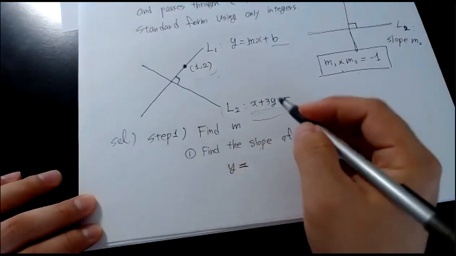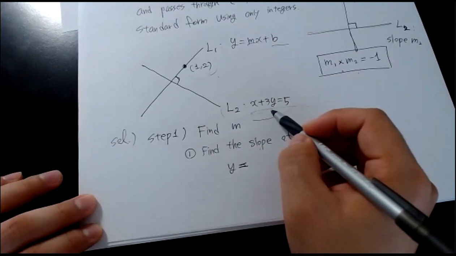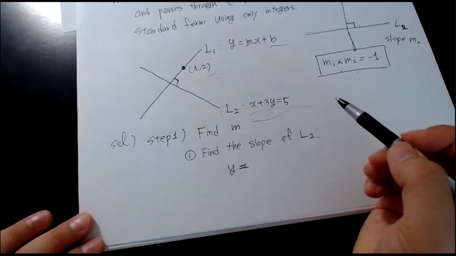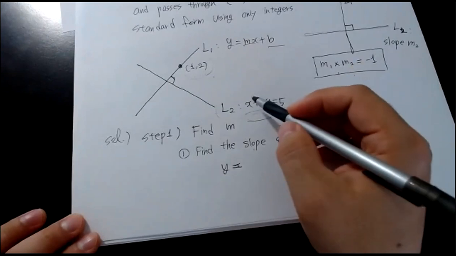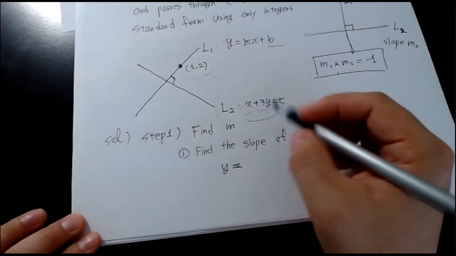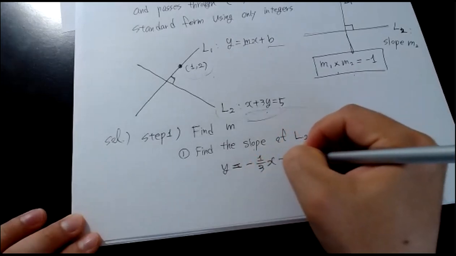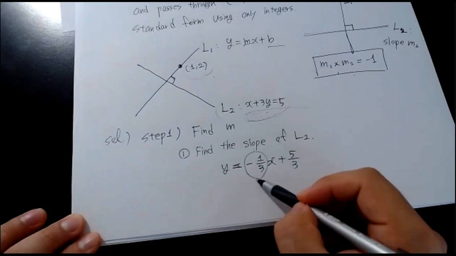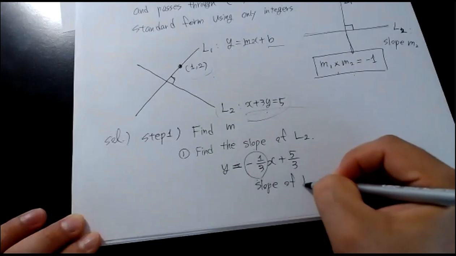So we isolate y, right? We did that when you solved question 3. To find the slope of L2, we re-express this in slope-intercept form, which means we have to isolate y. So we subtract x and then divide by 3. Then we get -1/3 x plus 5 over 3. This -1/3 is the slope of L2.